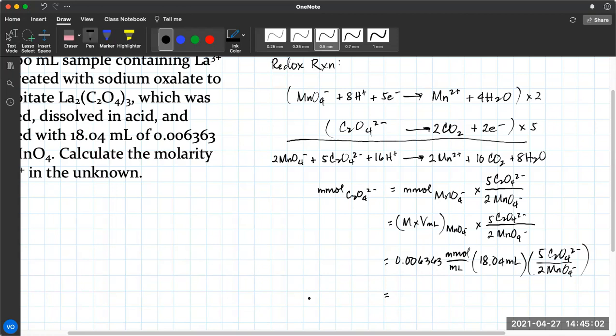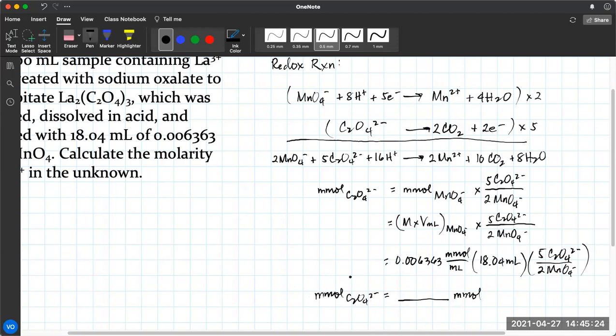Okay. So now, the number of millimoles of oxalate will be equal to so much millimoles.